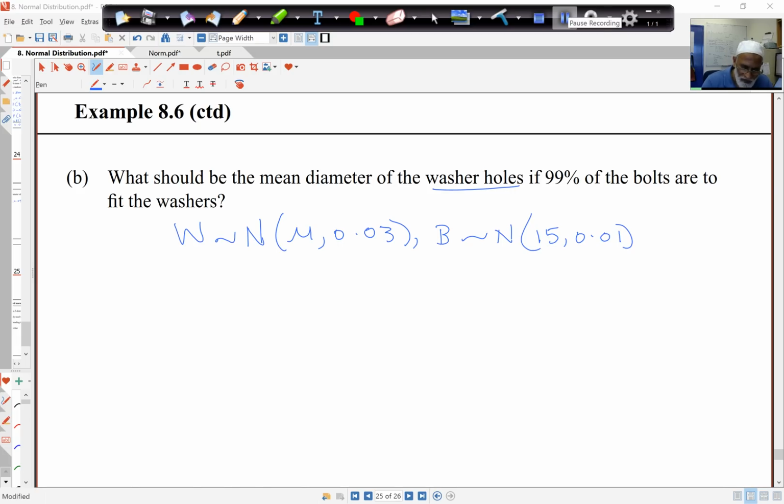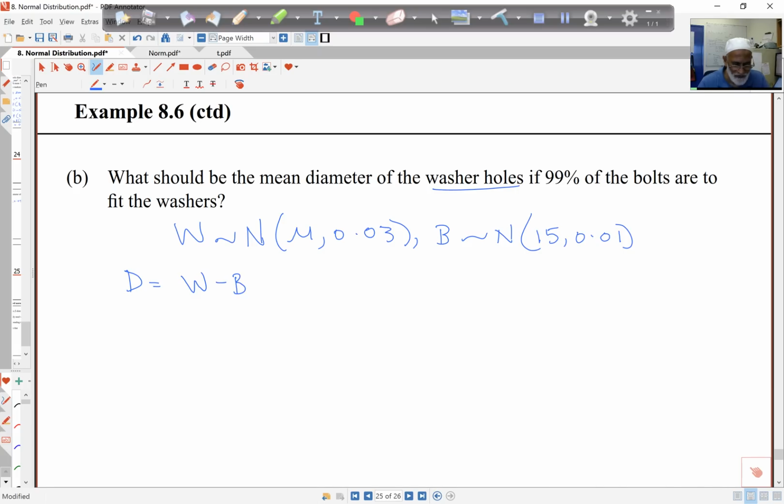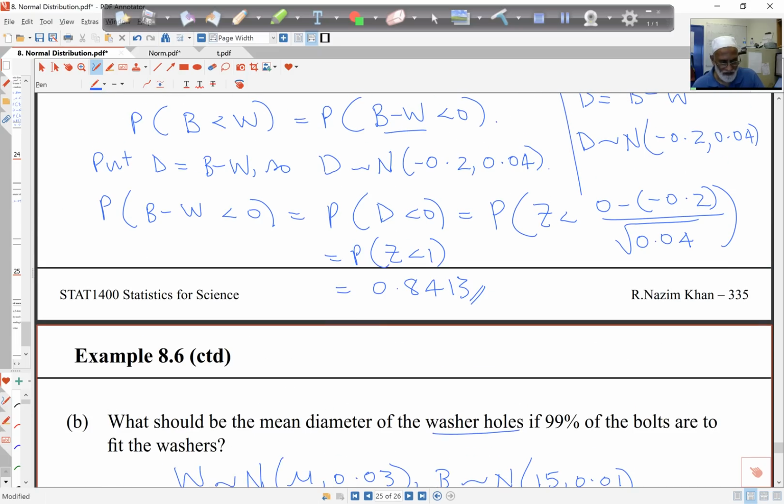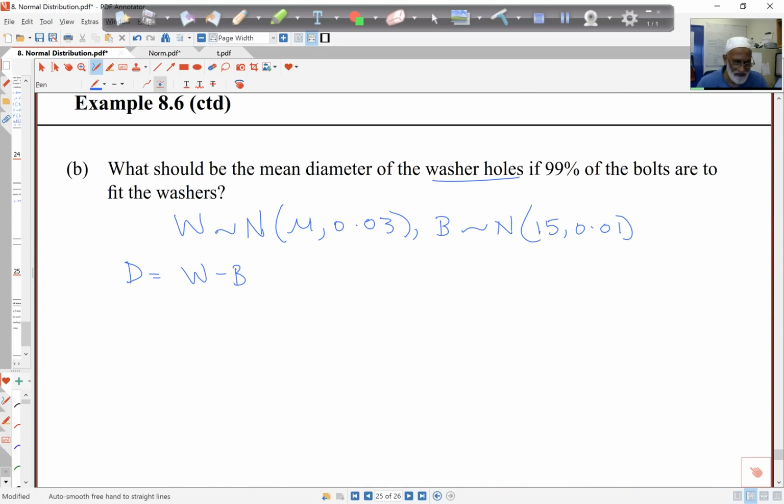So the problem doesn't change much at all. So again, what I'm after is essentially the difference here, washer minus bolt. Now, if you go back a little, I did bolt minus washer there, so I'll be consistent in that sense. Let me change that. It doesn't matter the order, it's just that the way you write probabilities then changes.